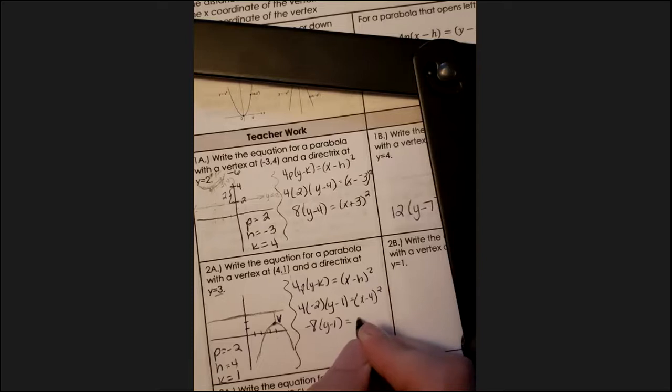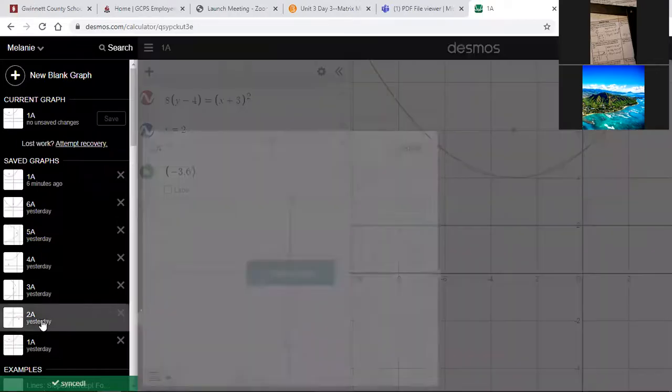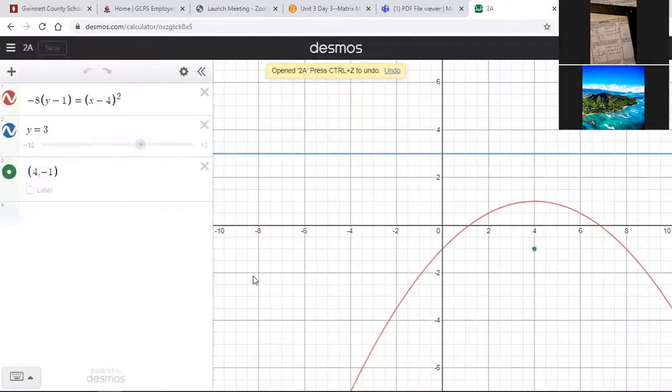And then I simplify, I get -8(y minus 1) equals (x minus 4) squared. Beautiful. And now if I go over and look at the graph, I go ahead and graph that equation. It would appear that I am correct.